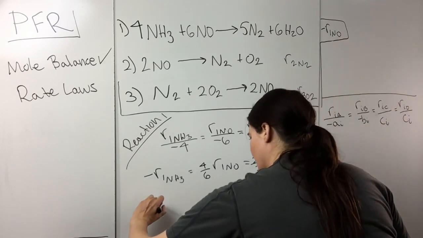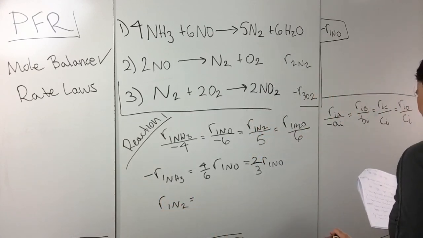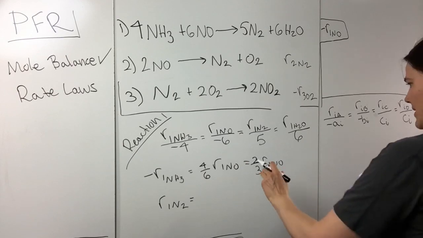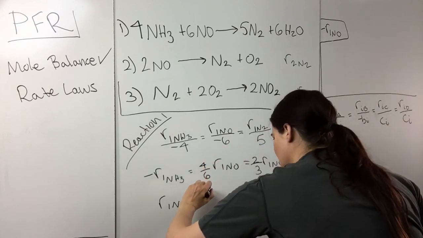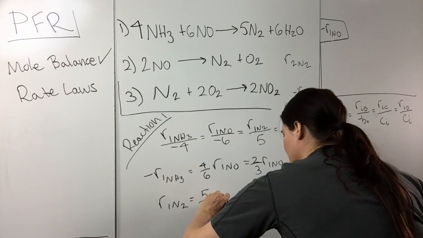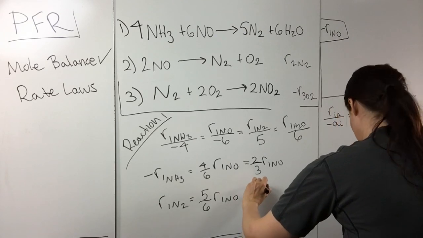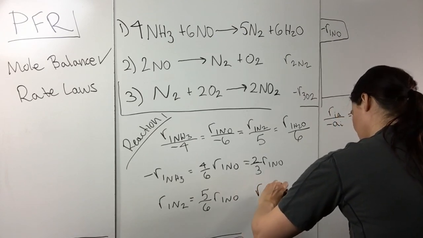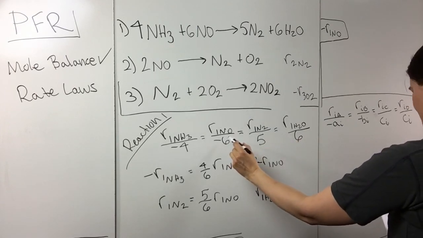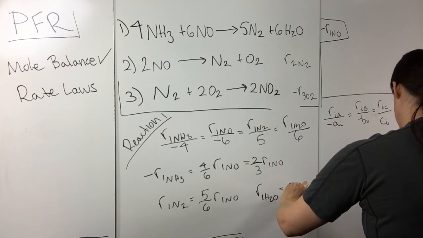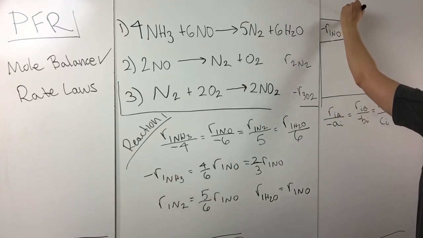The rate of appearance of R1 N2 is equal to 5/6 R1 NO. Same thing with R1 H2O, we multiply the 6 over, and we end up with R1 NO. And then we can do the same thing for reaction 2.